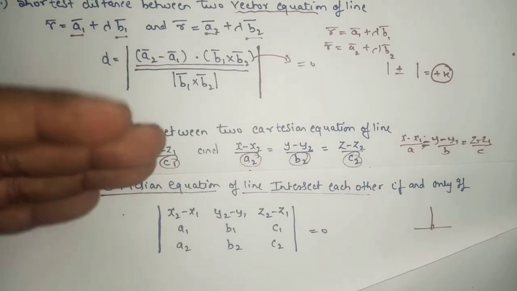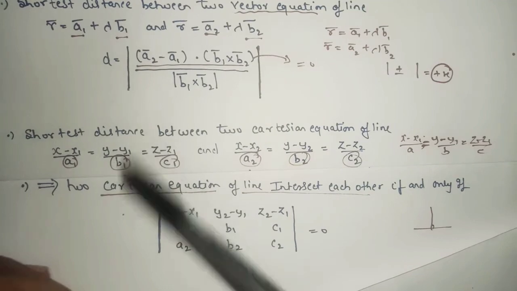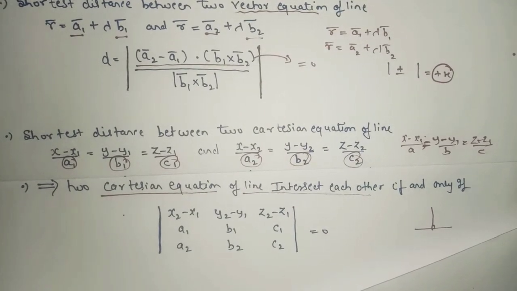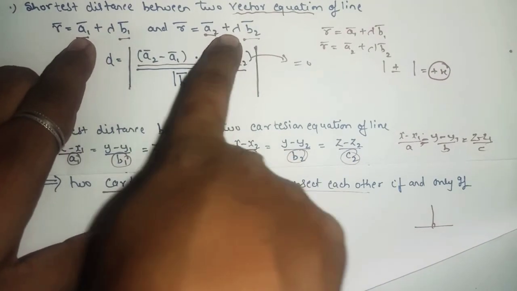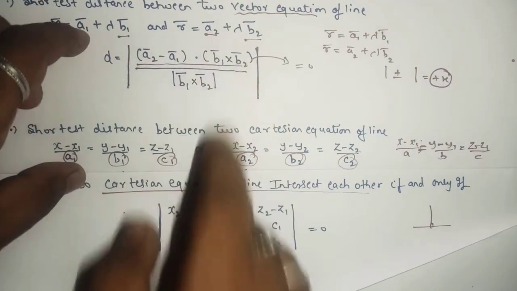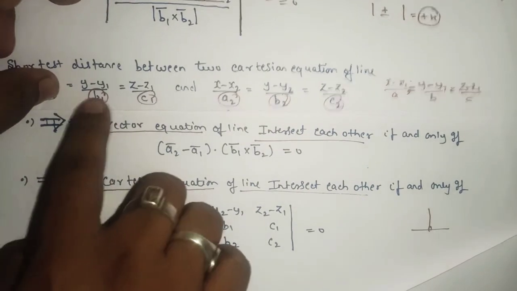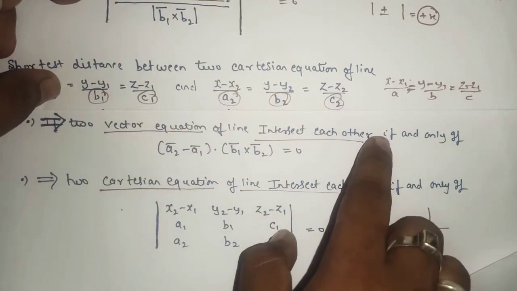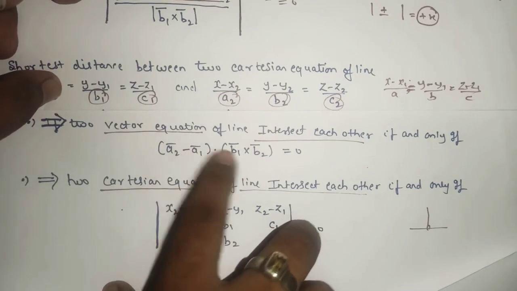In case they say that you have to check whether the given lines are intersecting or not, this also I had explained. If you want to show whether the two vector equations of lines are intersecting or not, simply check the dot product in the numerator part.